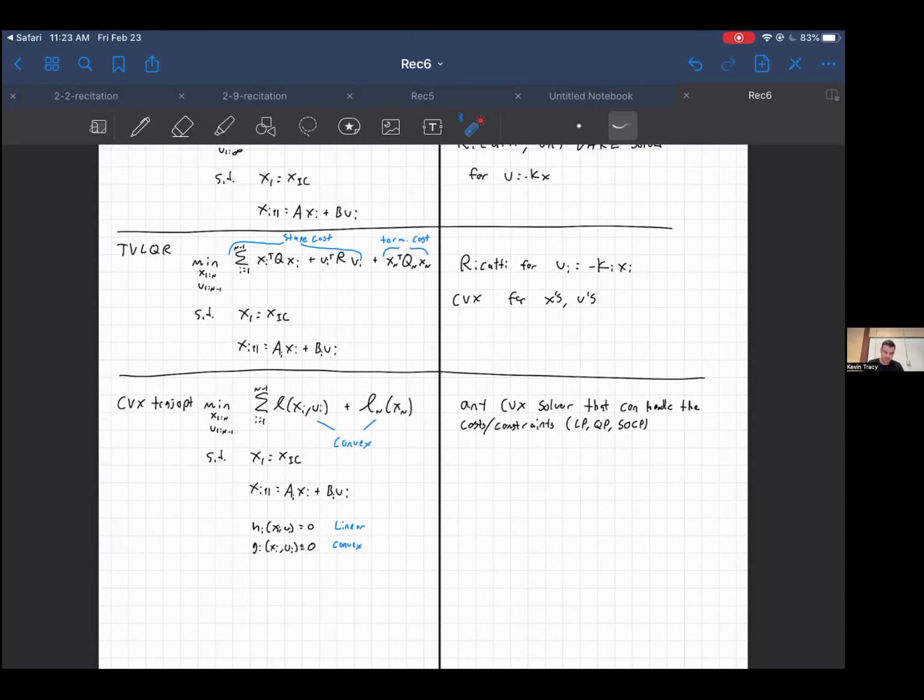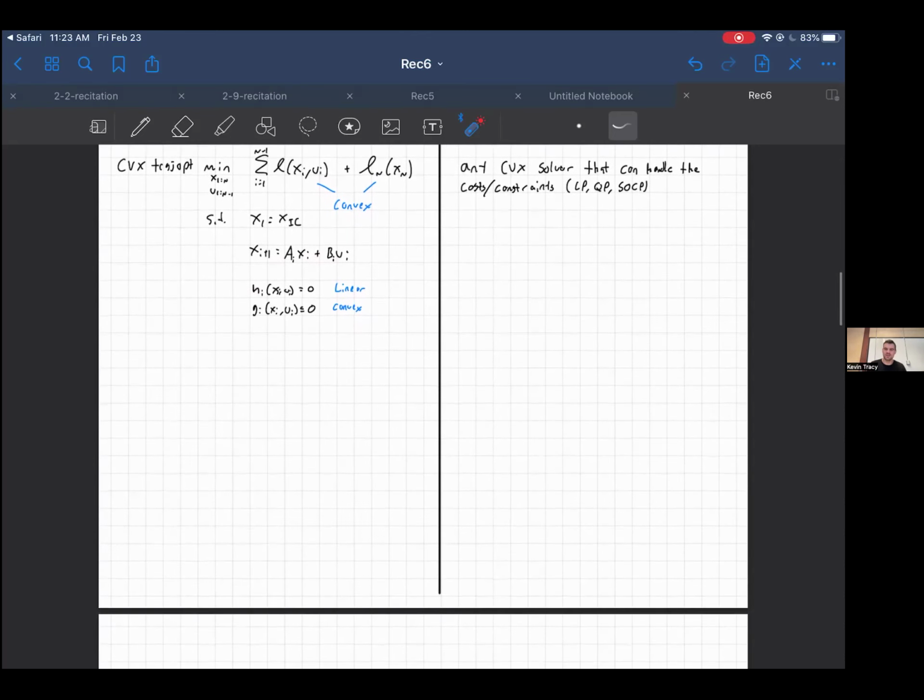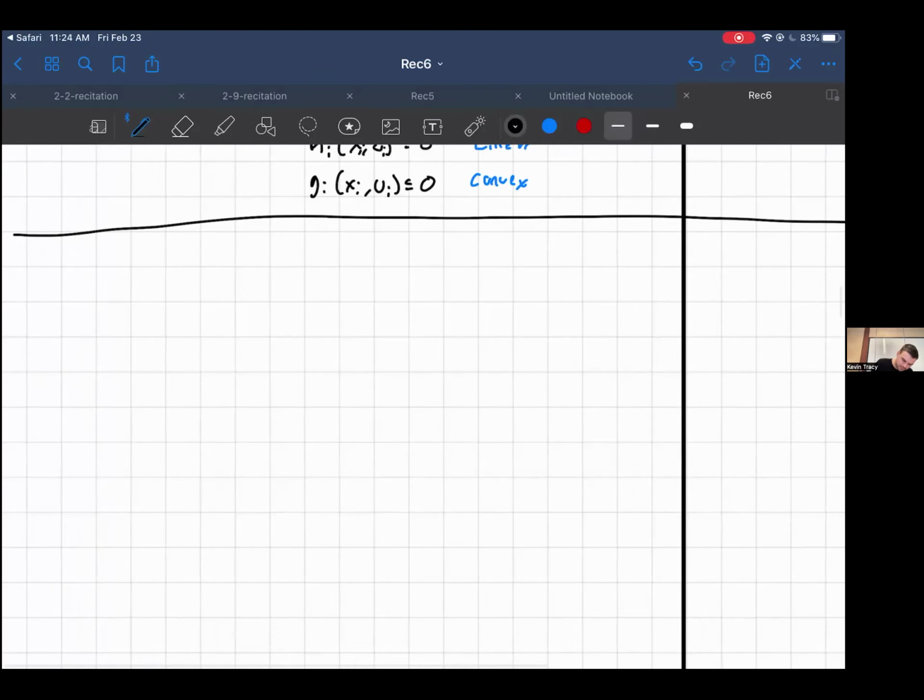Okay, so now we get into homework 3 territory. And this is where this all gets a lot more interesting: what do we do when we have non-linear dynamics and/or non-convex costs and constraints? These happen all the time in robotics. So the first one we're going to deal with is iLQR, DDP.